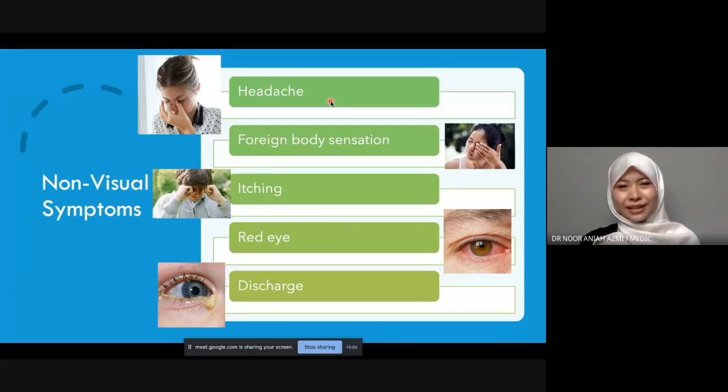Then somehow, incidentally, they found that the patient has hyponatremia. So the patient was admitted into the medical ward to correct the hyponatremia. It was corrected, but she still complained of this headache. So somehow along the way, one of the smart housemates, I believe, asked her, what is it, the headache that you feel? Then she said, no, actually I feel headache here, and sometimes my eyes, I cannot see very well.